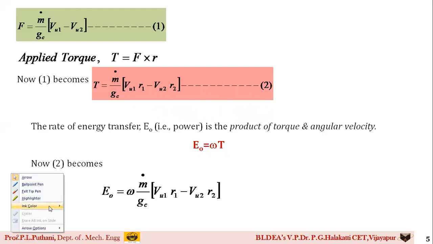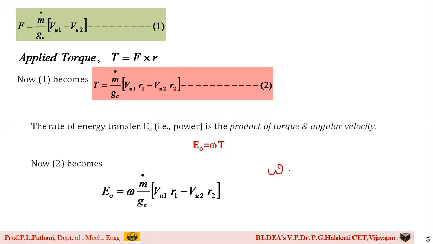Now if I say that this angular velocity omega, for a radius R1, gives the tangential velocity U1, when I multiply omega inside the brackets, omega into R1, we get the tangential velocity U1.